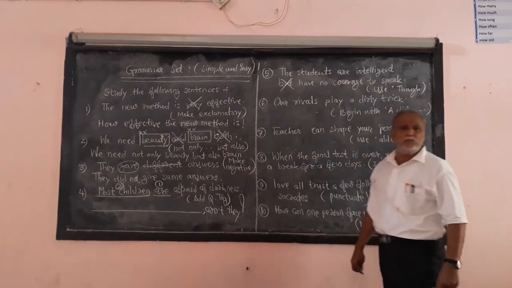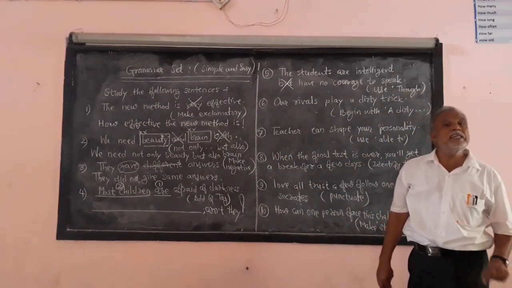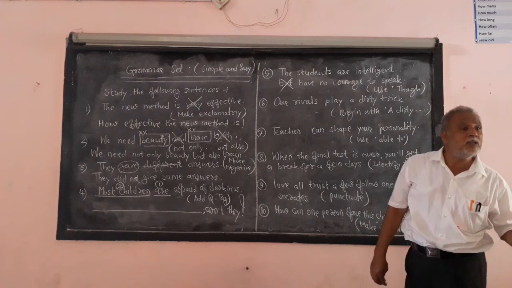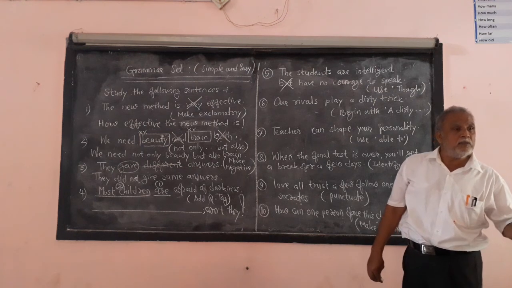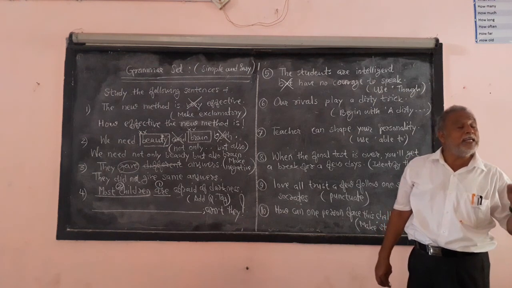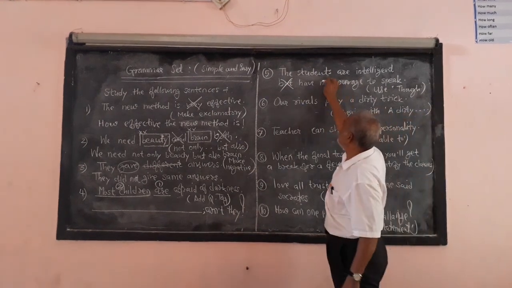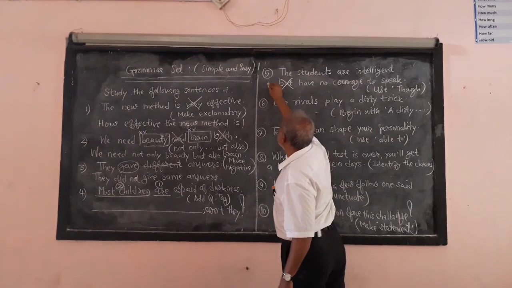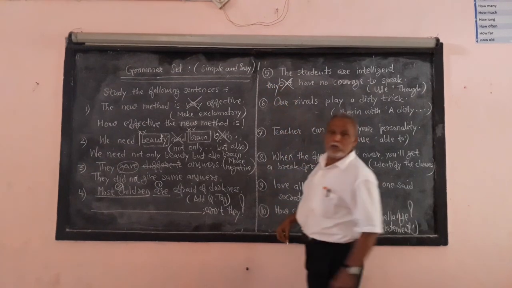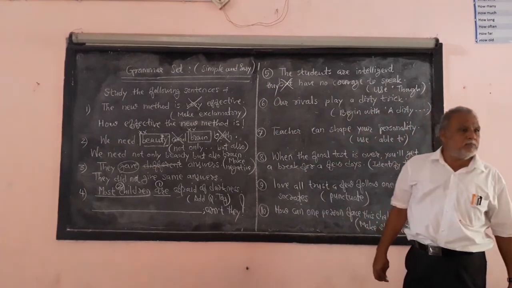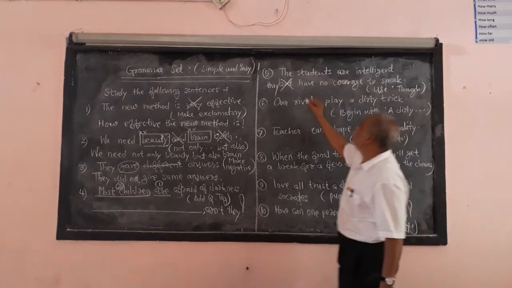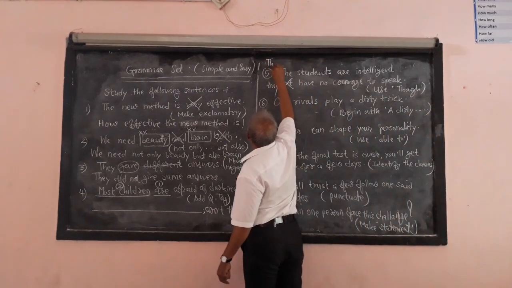But should be removed. See whether there is a second-time subject or not. After but there may be a second-time subject or there may not be. There is no second-time subject. So this subject, students, should be written here in place of but. Now this and though should be written in the beginning.